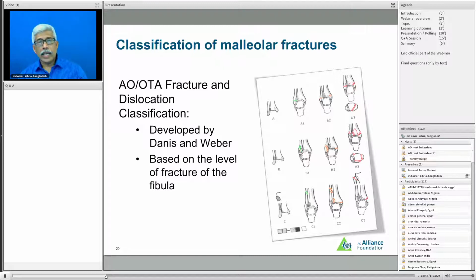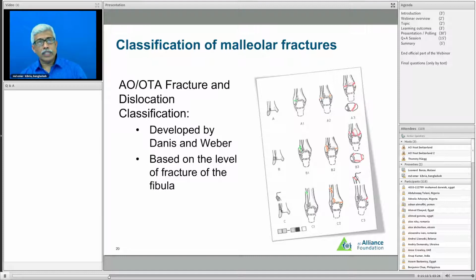A is placed if the fracture is below the syndesmosis, B is at the level of the syndesmosis, and C is above the level of the syndesmosis. All the A, B, and C have been further classified as 1, 2, and 3 based on whether there is medial malleolus involvement, or at the same time medial malleolus plus posterior malleolus involvement.